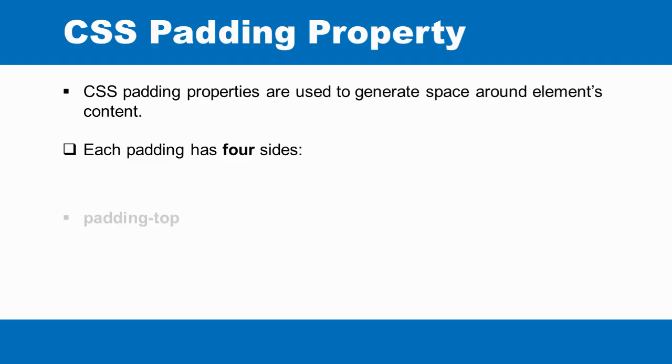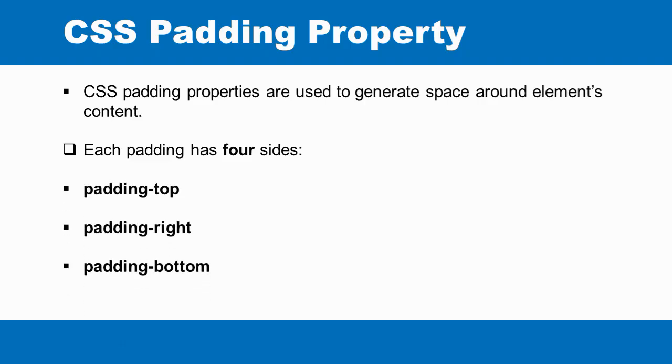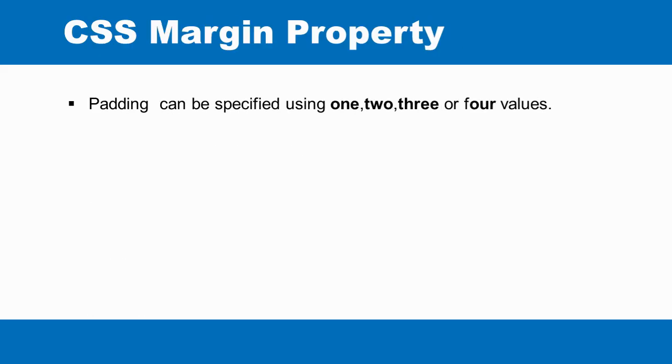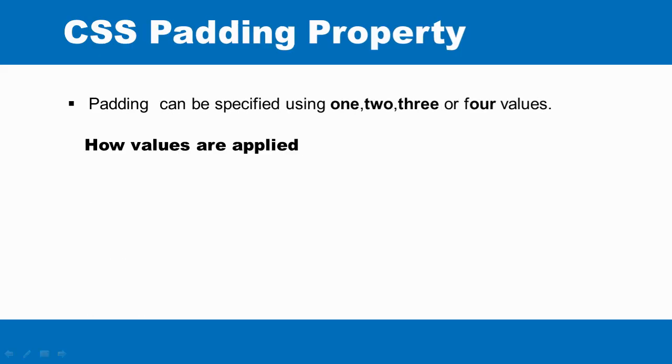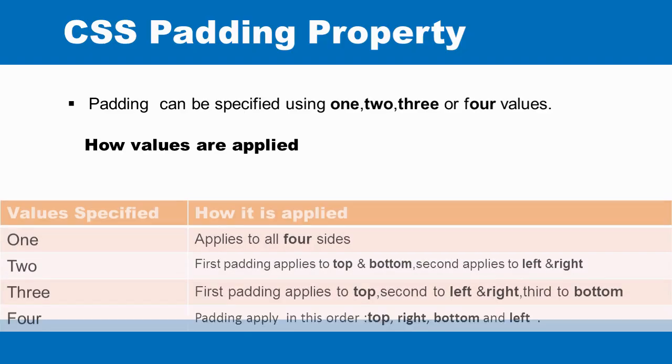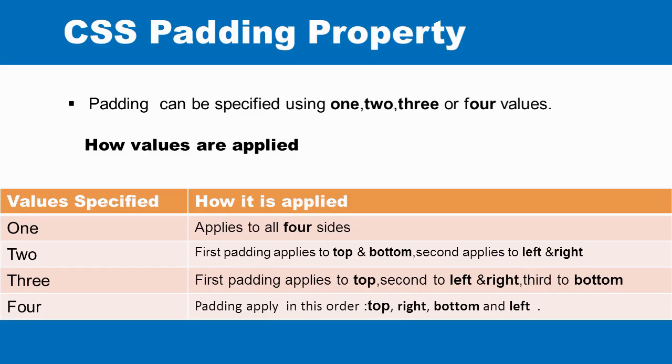So we have the padding to the top, padding to the right, padding to the bottom, and padding to the left. Just like the margin property, padding can also be specified using 1, 2, 3, or 4 values because they have 4 sides. So the application is the same way as that for the margin. If you've got just 1 value specified, it applies to all 4 sides.